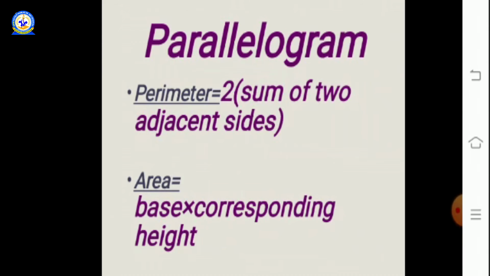If two sides have a common vertex, it means they are adjacent sides. So perimeter of parallelogram is equals to 2 into sum of two adjacent sides. Now area of a parallelogram is equals to base into corresponding height, height of the parallelogram.